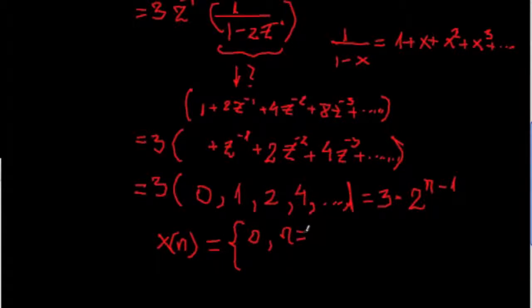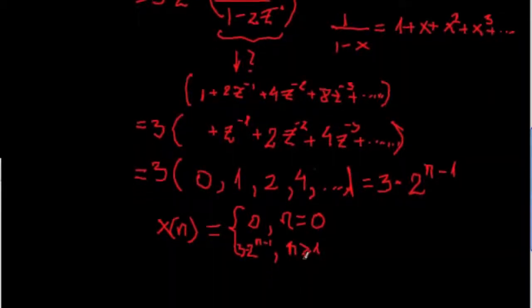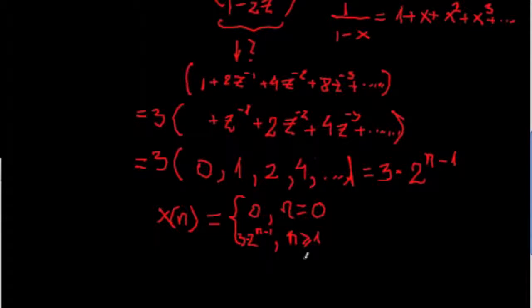And how do I know that? Because x0 is 0. And for n greater than 0, that is n equal or greater than 1, we have 3 which multiplies 2 to the n minus 1. So this is what we have as a response.